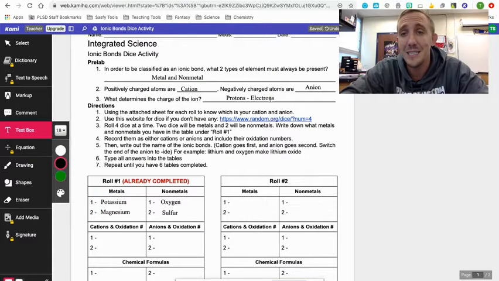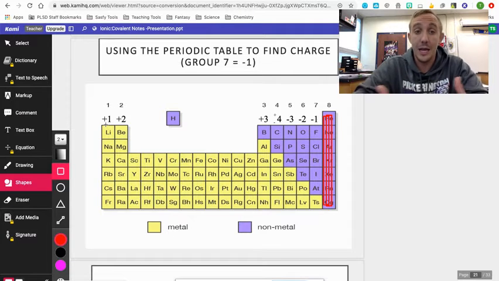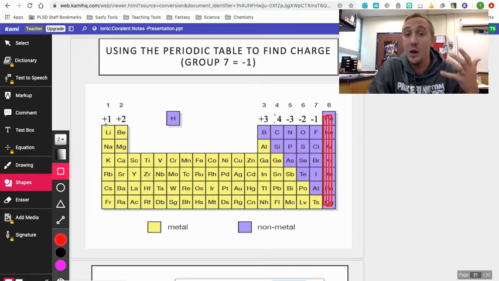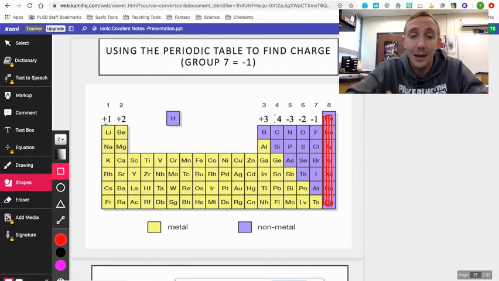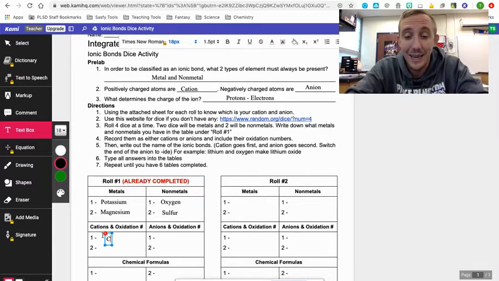Okay, and so if I look at potassium, well, potassium is in group 1, so its charge is a positive 1. And realize positive is a cation. So my metals will always be positive, and so they're always cations. So potassium, I'm going to go ahead and put it is a cation, and it's positive 1 charge.